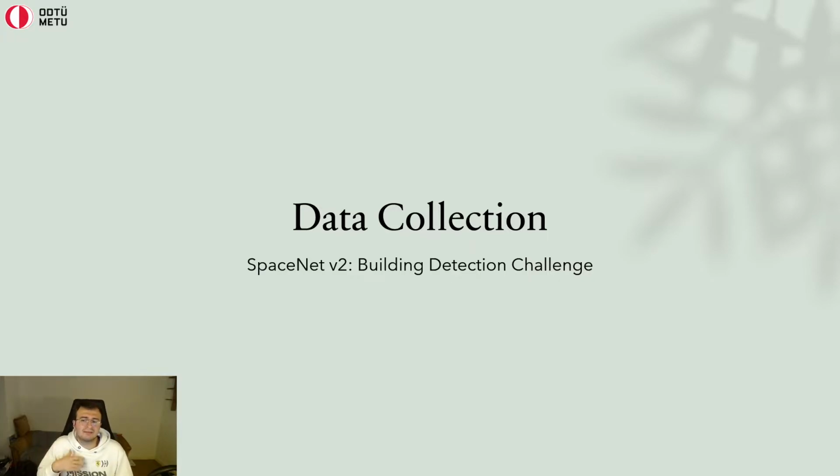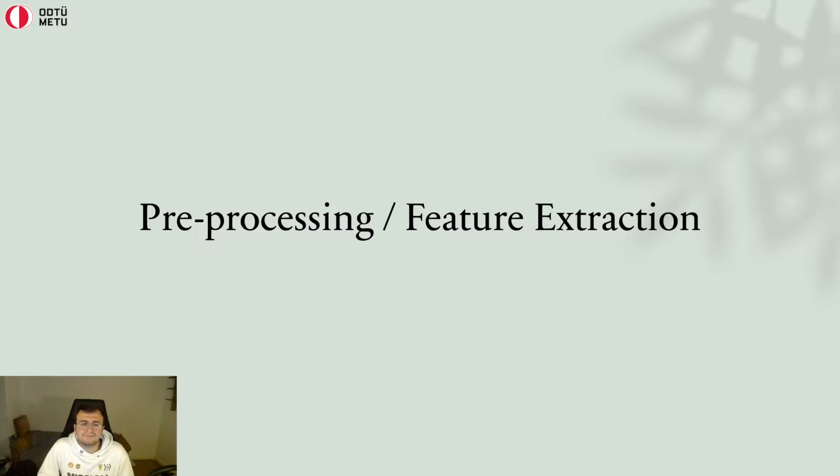Because of the technical limitations of the environment I worked in, which is Google Colab, I used a small part of the dataset for Shanghai, and we will mention these parts in the following. Next, pre-processing and feature extraction.